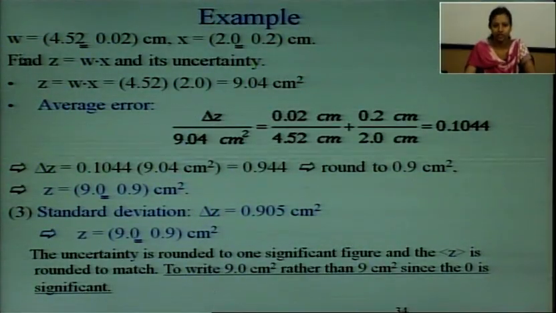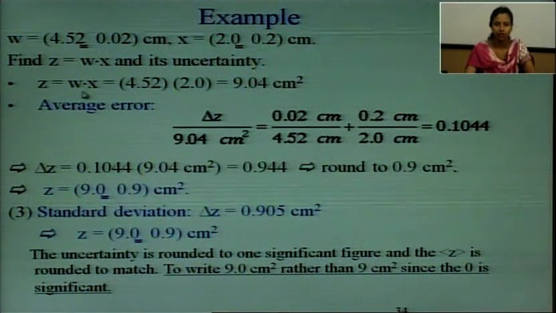Next numerical is related with the multiplication. W is 4.52 plus minus 0.02 centimeter. X is 2 plus minus 0.2 centimeter. So Z is equal to W into X, and we need to calculate its uncertainty.